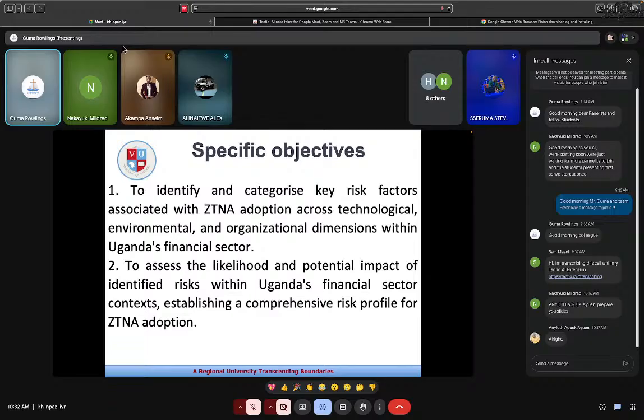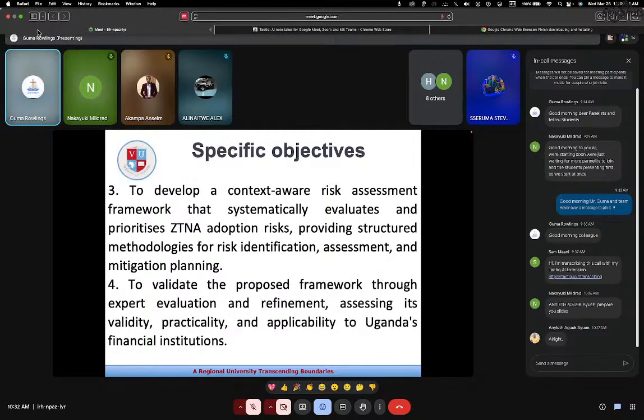Then second, to practically assess the likelihood and impact of these risks, and create a comprehensive baseline risk profile for the Ugandan financial sector. Then we proceed.